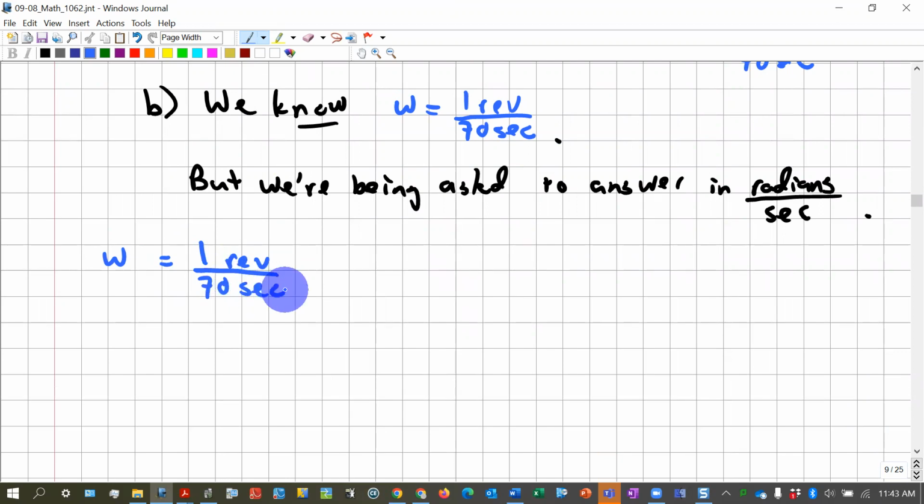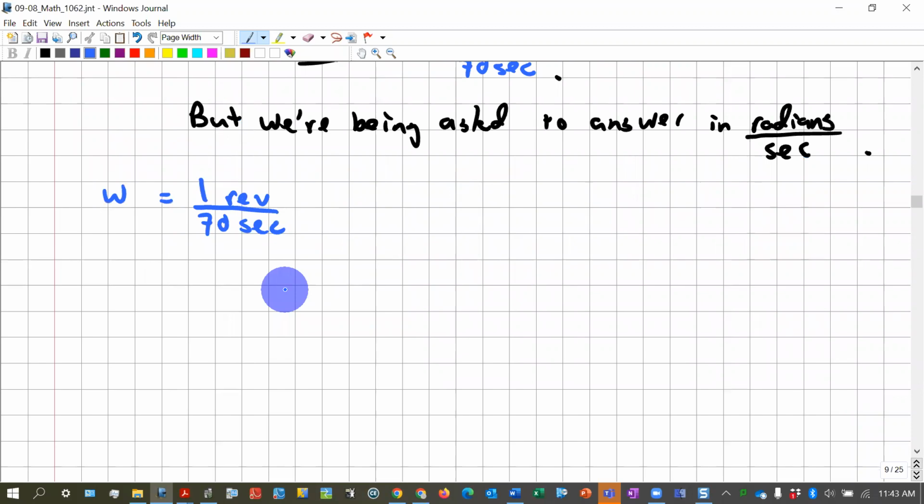So if the angular speed is 1 revolution per second, we're going to play the multiply by 1 game. And we need to get rid of revolutions and go to radians. Right now, revolutions is in the numerator.